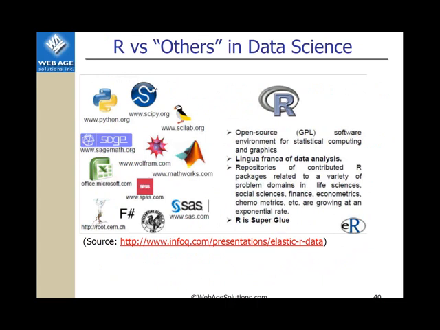Mind you that it gets distributed as GPL, so your legal team might need to take a look at it. R is superglue, so it has thousands of various libraries, probably one of the richest out there.